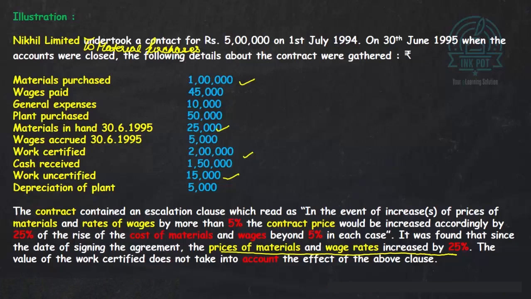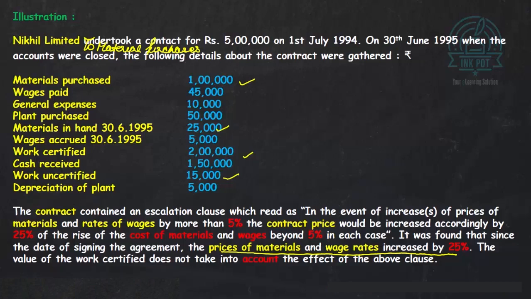So that is why we have calculated the increase in price of material and wages beyond 5%. How did we calculate it? Have a look. It was found that since the date of signing the agreement, the price of material and wage rates increased by 25%.